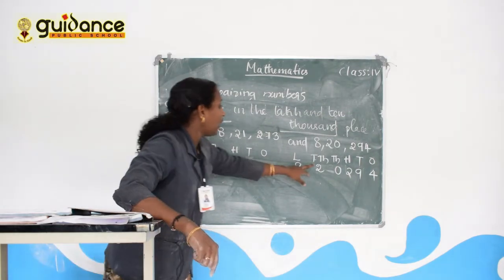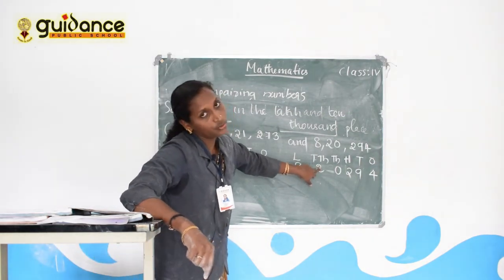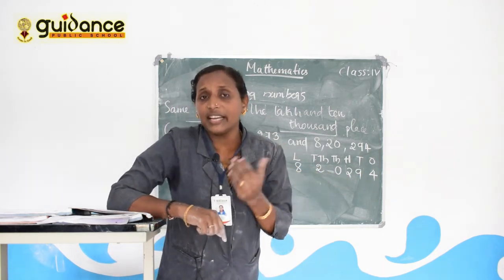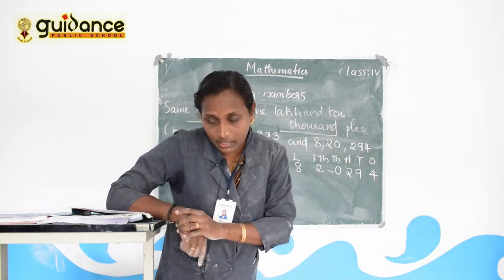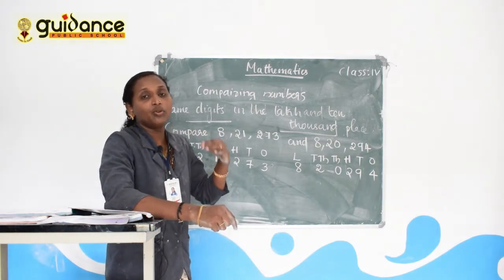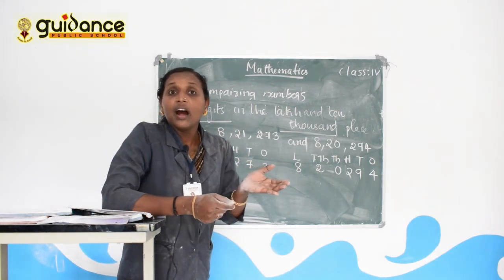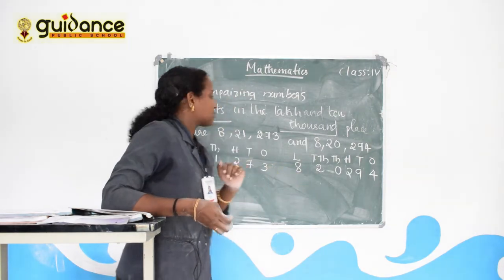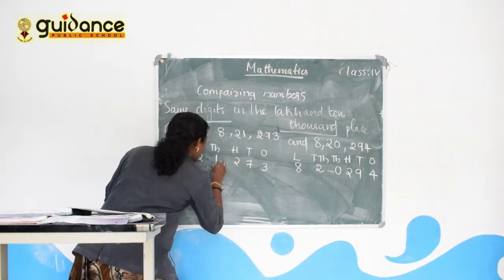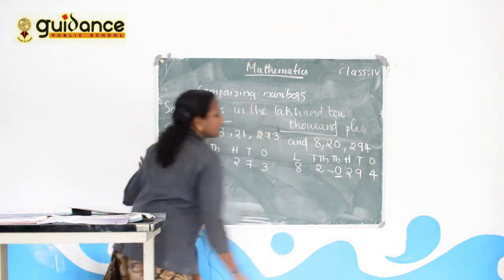Here 2 and here also 2. Again we can't tell, so we move to the next step, the thousands place. This is 1 and here it is 0.